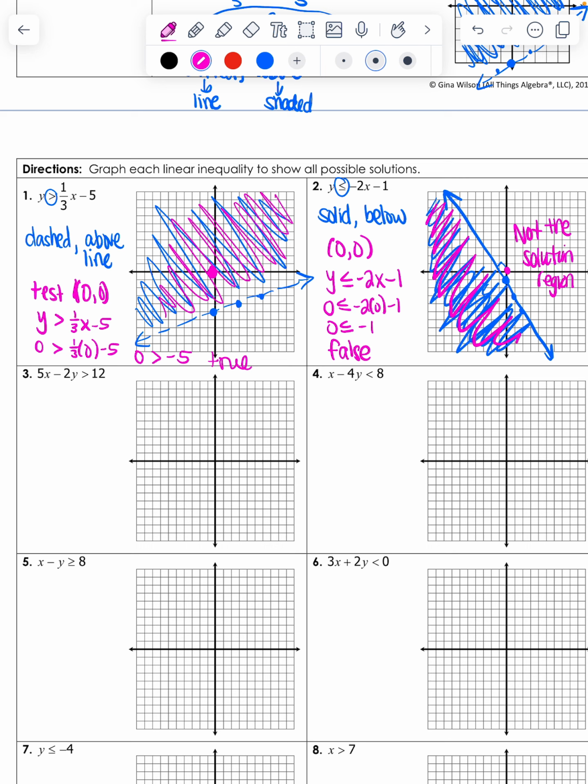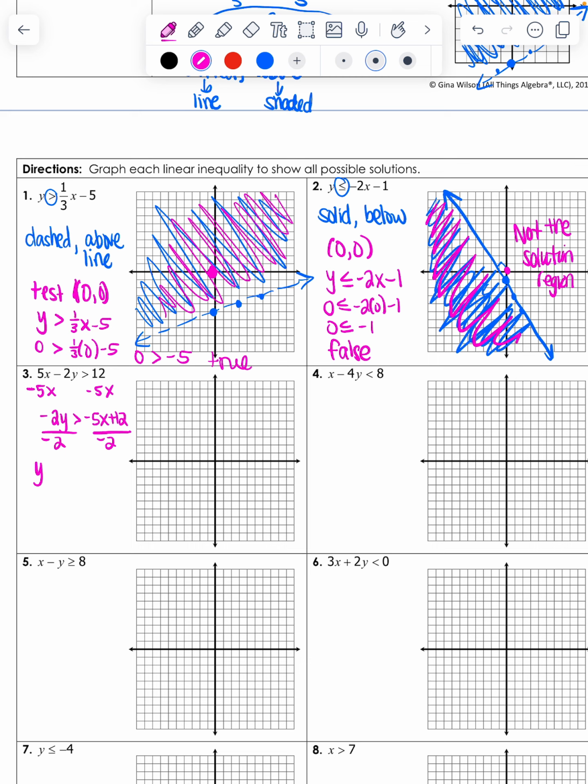So if you need to use that to help you, then that's totally fine. Now, of course, sometimes the problems are going to become more difficult, like number 3. We already saw a problem like this, but when you're going to graph these types, you will have to put them in slope-intercept form first before you can do anything else. So if we were doing this, we would first subtract 5x from both sides. Then we would divide everything by -2.